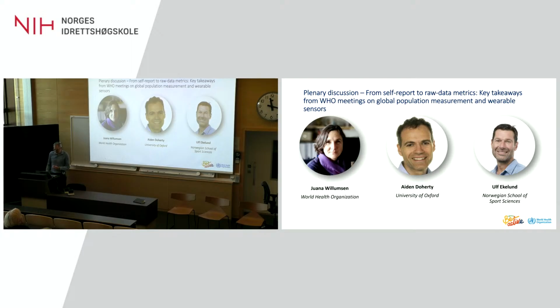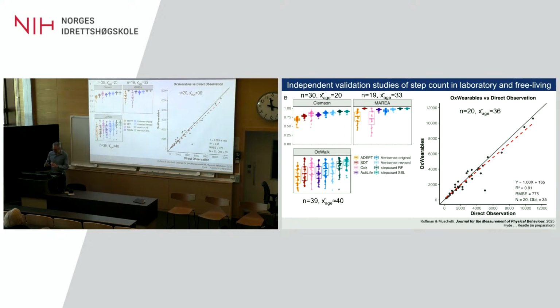This was just one of the meetings, an example that I'd shown of step count measurement. This was the Oxford step count method, so I'm obviously showing a biased example here, but at least there were independent validations taken by others who are not the Oxford team. We believe it's very important that the algorithm developer is not involved in the assessment of this.